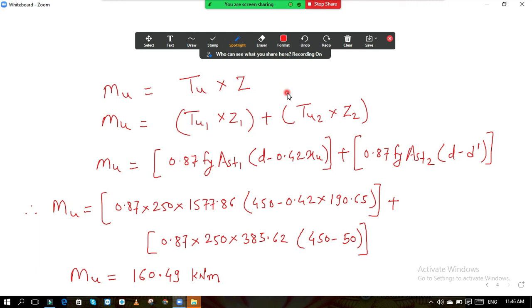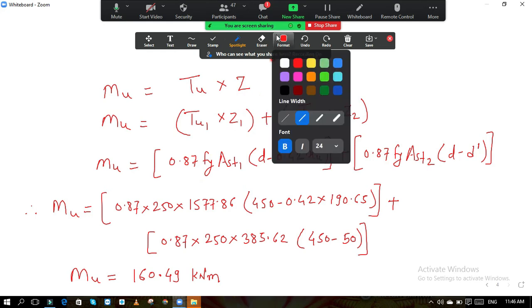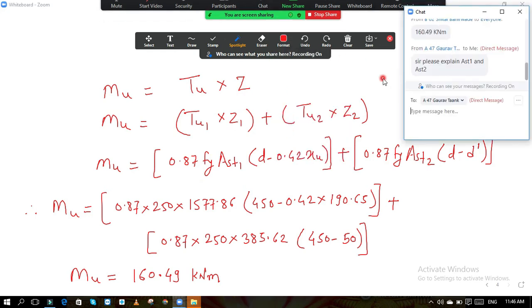We have seen its stress distribution diagram, where Cu is acting, where Cu1 is acting, where Cu2 is acting, where total Tu is acting, where Tu1 is acting, where Tu2 is acting. The distance between Cu1 and Tu1 is called Z1.